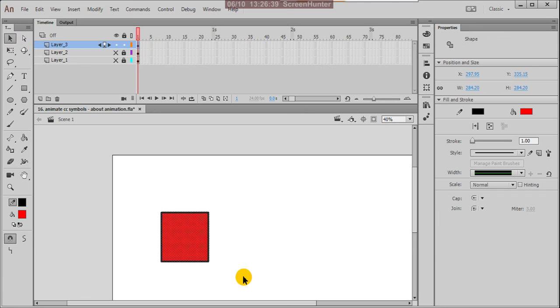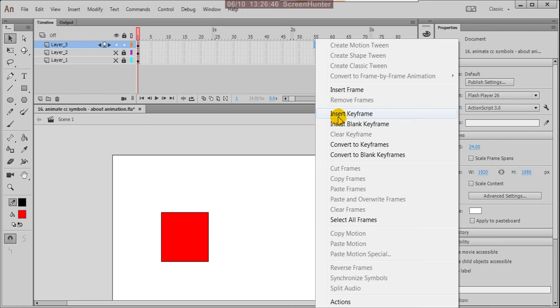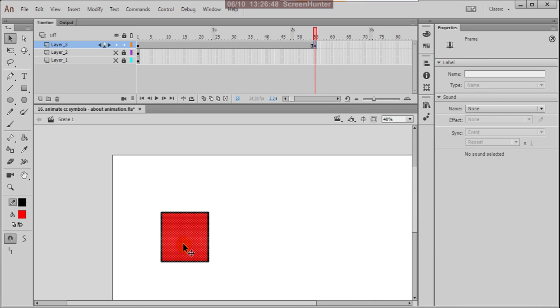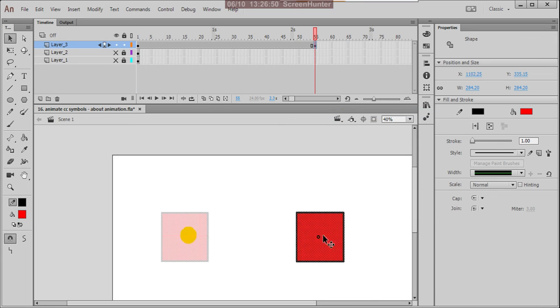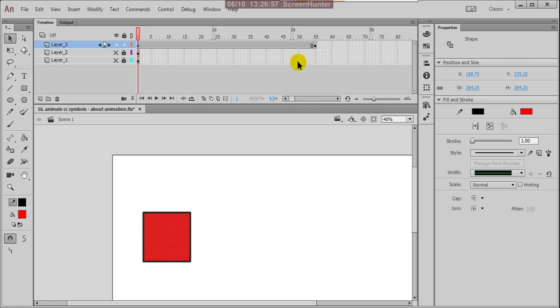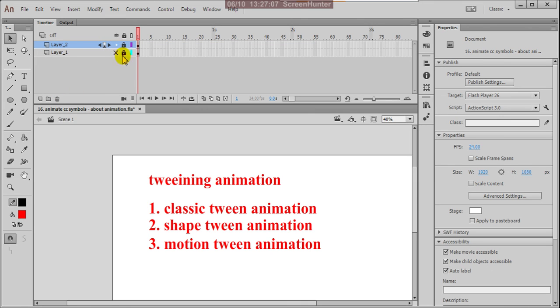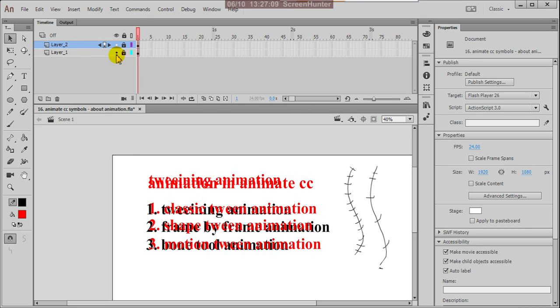So this can be a keyframe, and here it can be a keyframe. Suppose insert keyframe. What is a keyframe, what is a frame, and what is a blank keyframe? I'll explain in the next lesson, because this is a simple intro to animation types and what animation is.